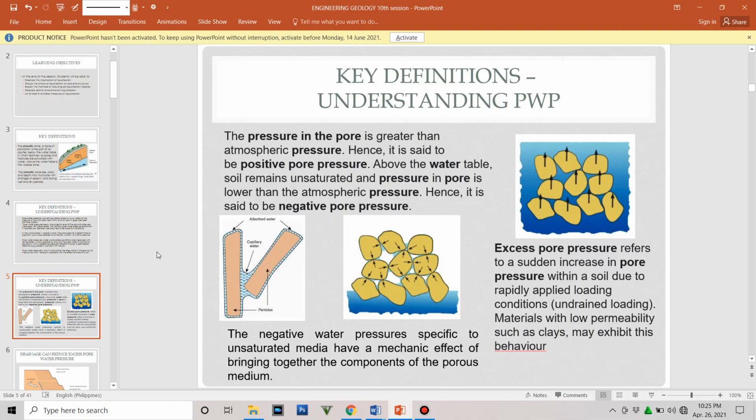Okay. So moving on, materials with low permeability such as clay may exhibit this behavior. So, of course, mahirap i-penetrate yung clay. Okay? It's almost impermeable yung clay. However, in a long state or a long condition, clay would absorb water pero mahirap niyang ilabas.